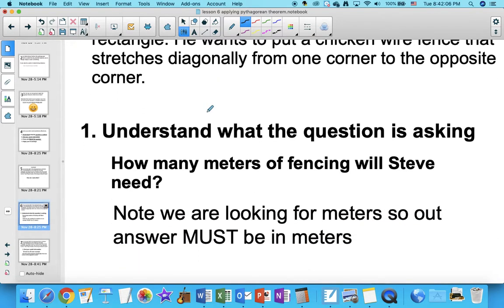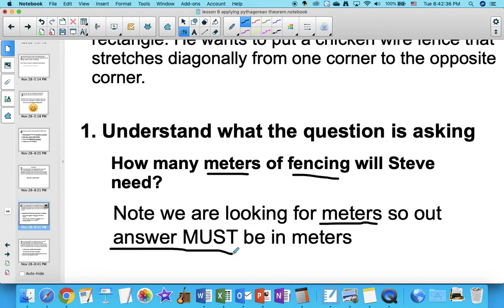Note the question is asking for meters, so the answer must be in meters. I might trick you by giving you different units. I could say centimeters and then kilometers and then say give me the answer in meters. So please make sure you understand that the question in this case is asking for meters, so you give your answer in meters.